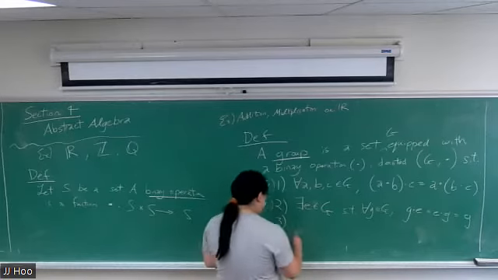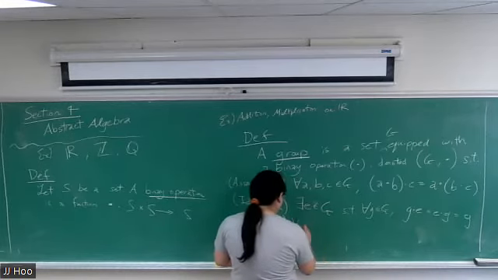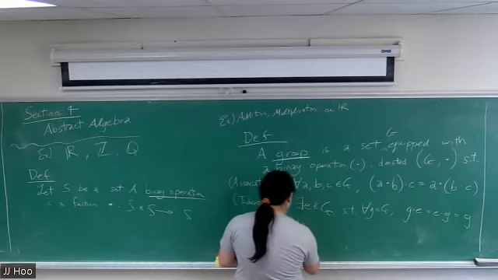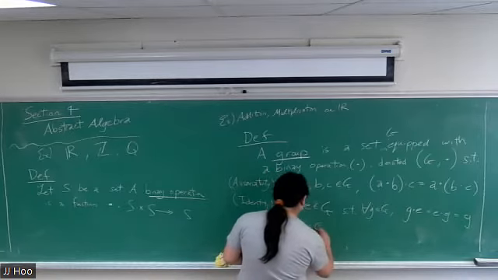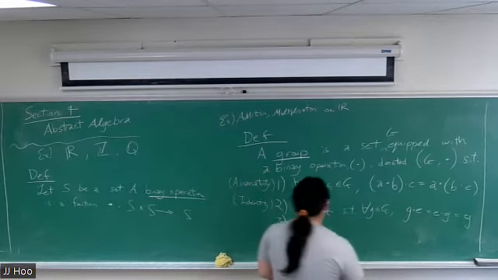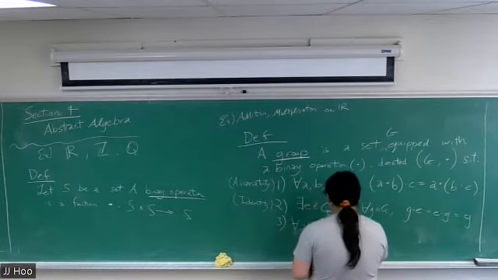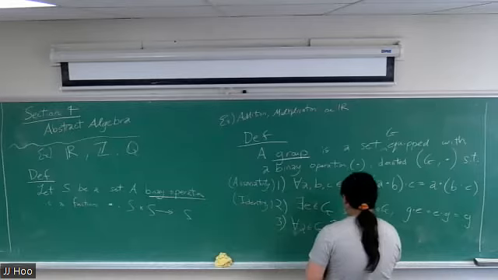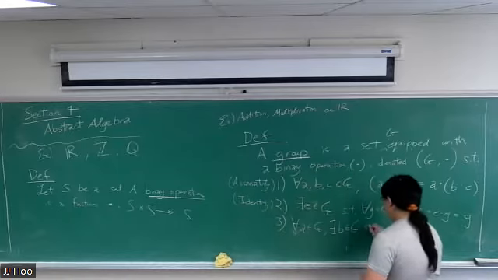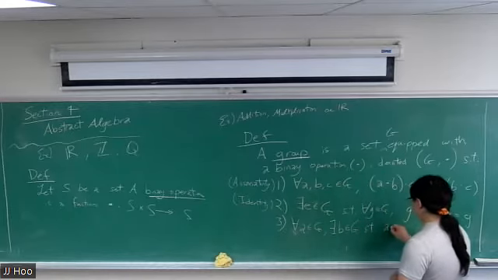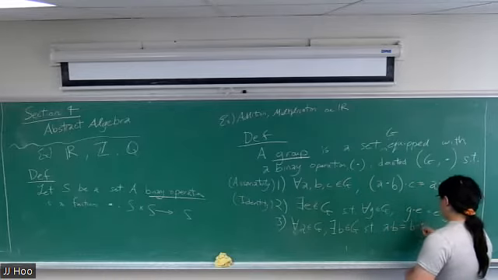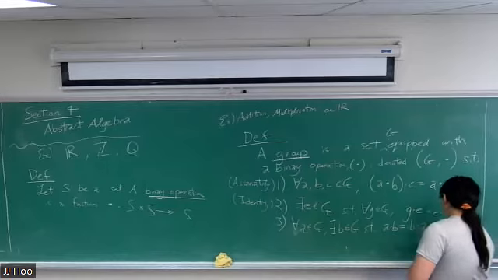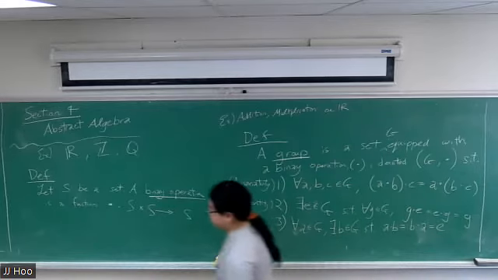And finally, we take any element a in G, there exists an element b such that when I put those together, again, doesn't matter which direction, my result is the identity.